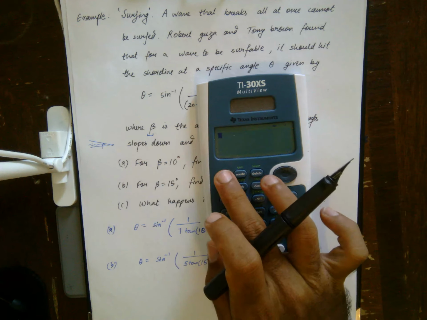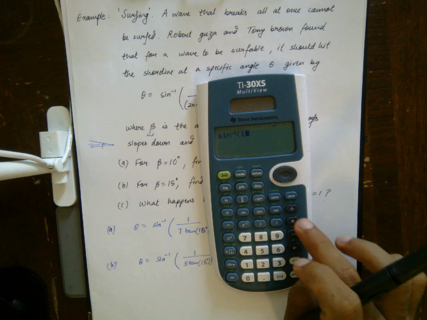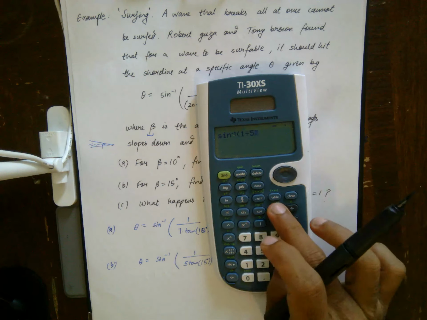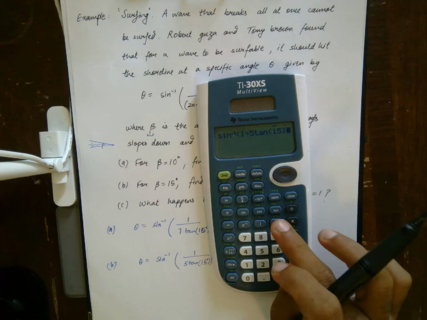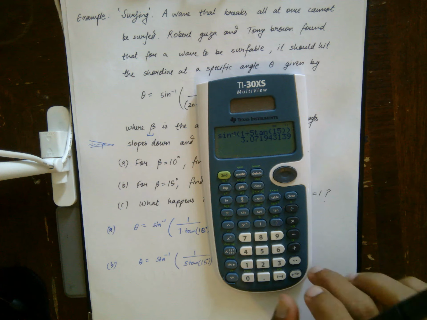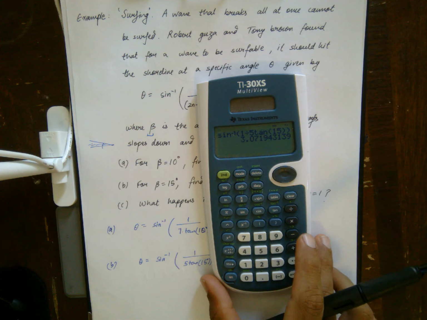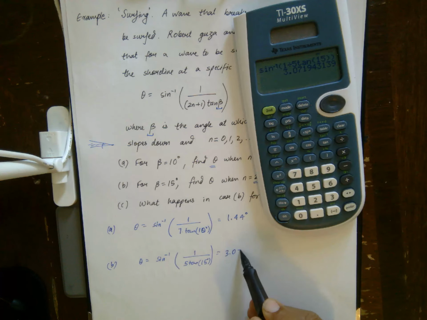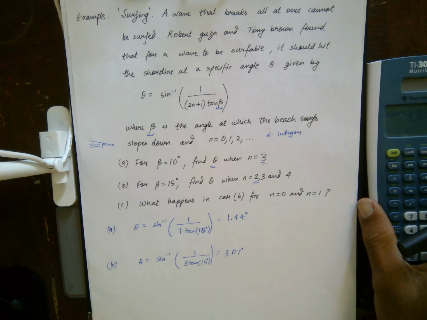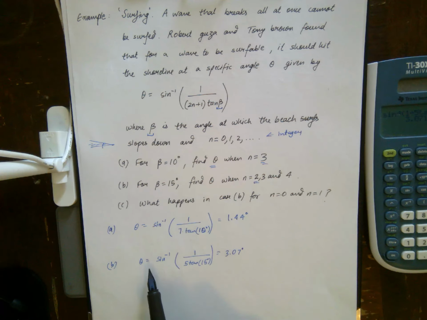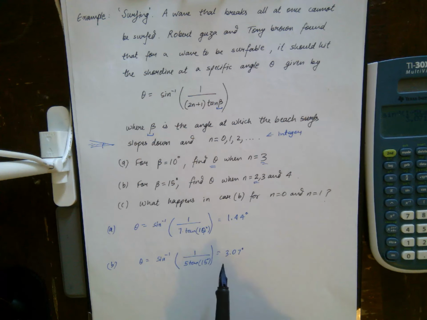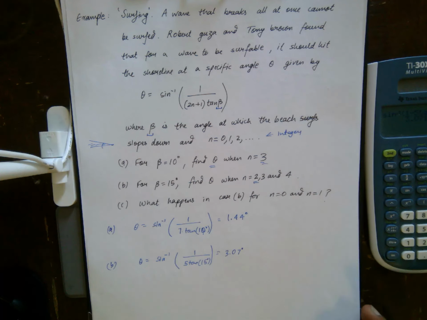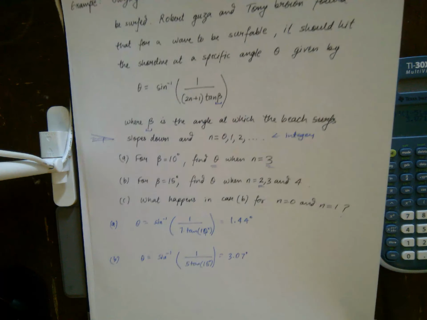This gives 3.07. So what is happening here is if the angle of the beach is increasing, you went from 10 to 15, the angle at which the wave needs to hit for it to be surfable is also increasing.